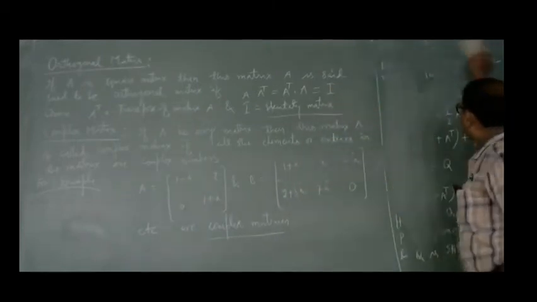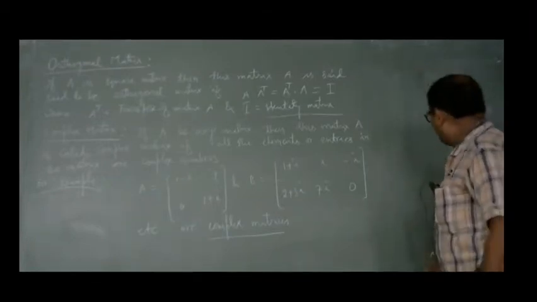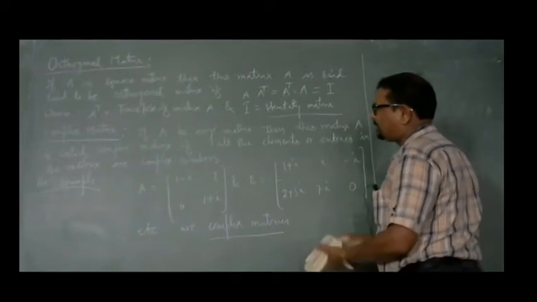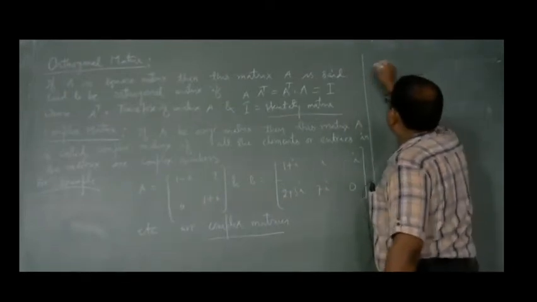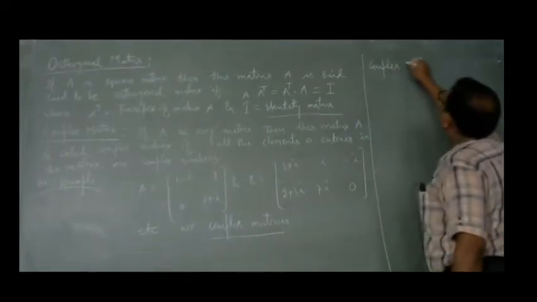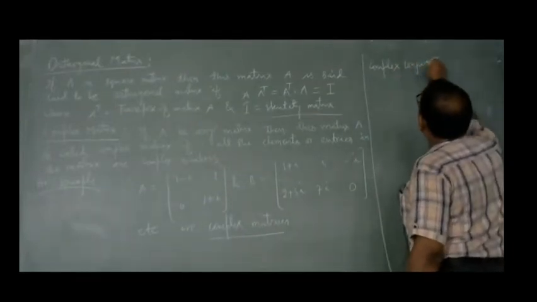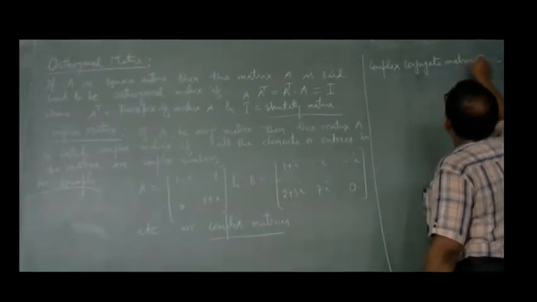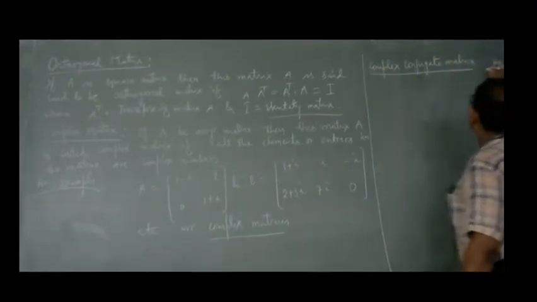Now, next one is the complex conjugate matrix.